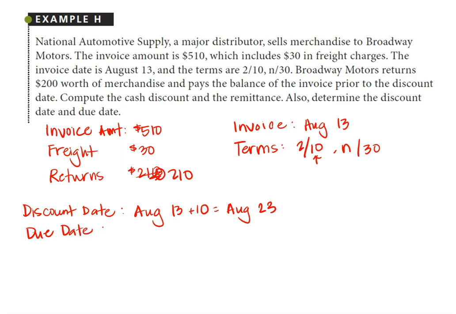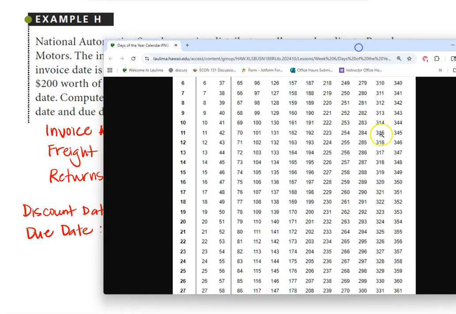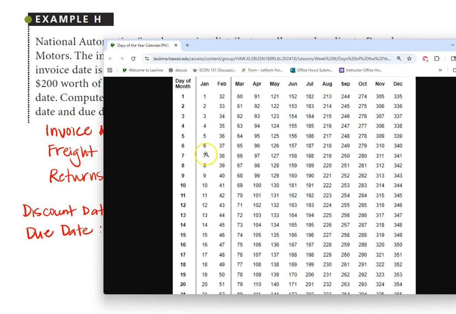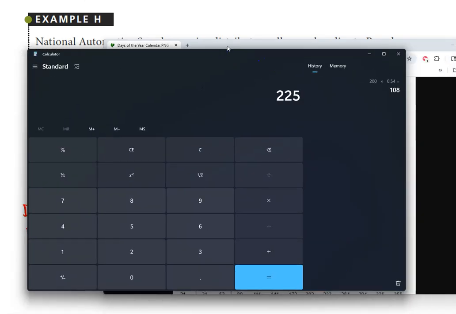My due date, and probably in this time I do want to use my days of the year calendar. So August 13th plus 30 days, and let's take out that calculator or that calendar. So here we have August 13 is day 225. So I'll take 225 plus the 30 days.